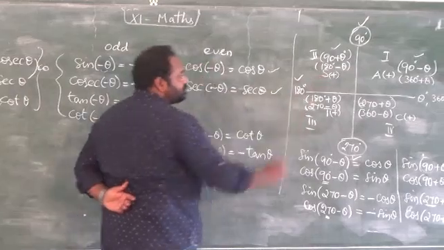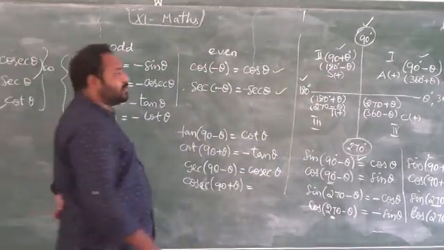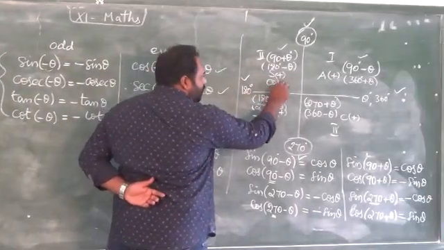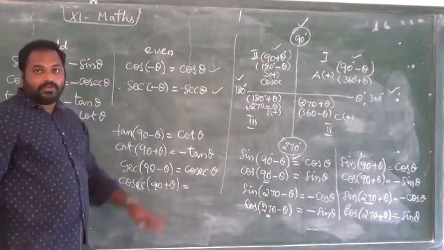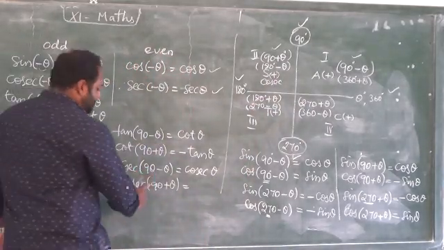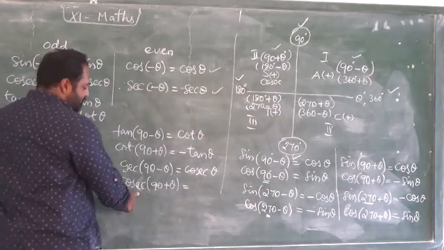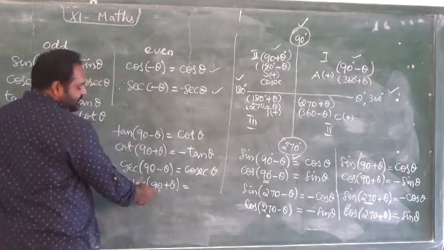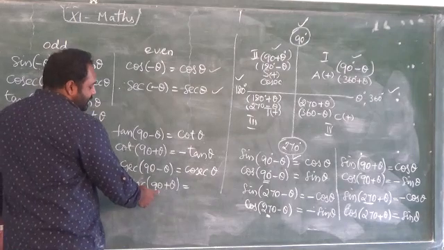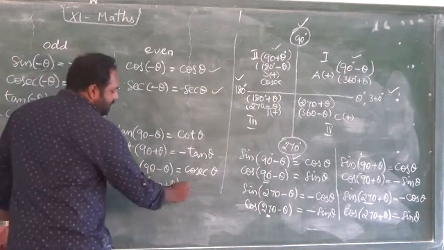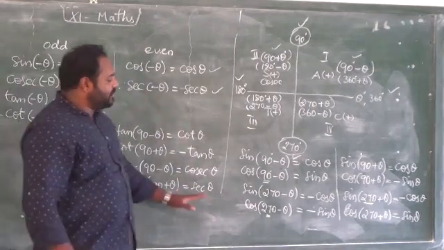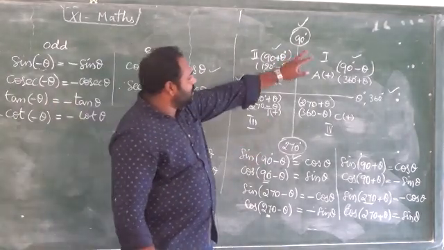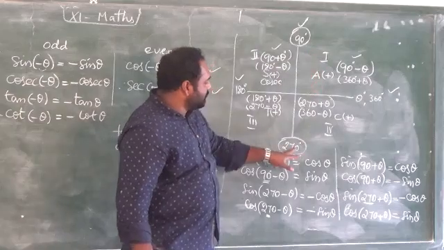Cosecant is positive in the second quadrant, since sine is positive. So only the co-ratio changes because of the 90. Cosecant will become secant theta. So this is the way of changing the co-ratios for 90 and 270.